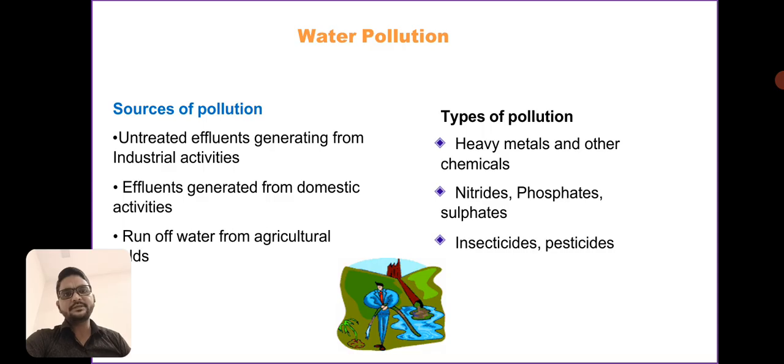Industrial waste, domestic waste and agriculture waste are the sources of water pollution. Now, the types of pollutants are heavy metals and other chemicals, and nitrite, phosphate and insecticides, that is pesticide pollution.